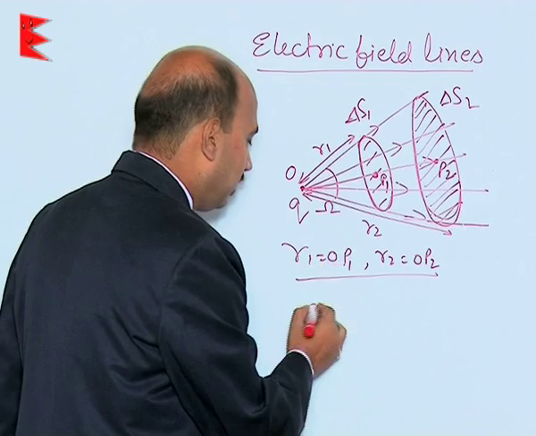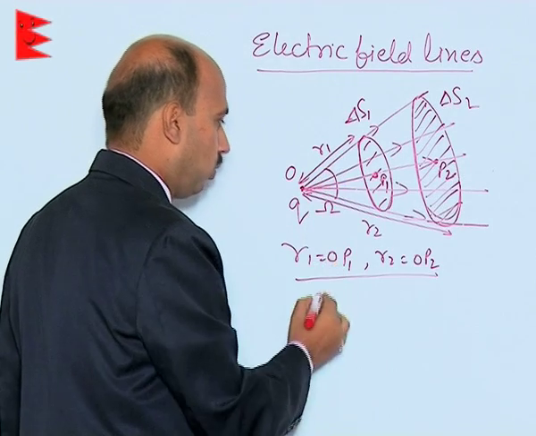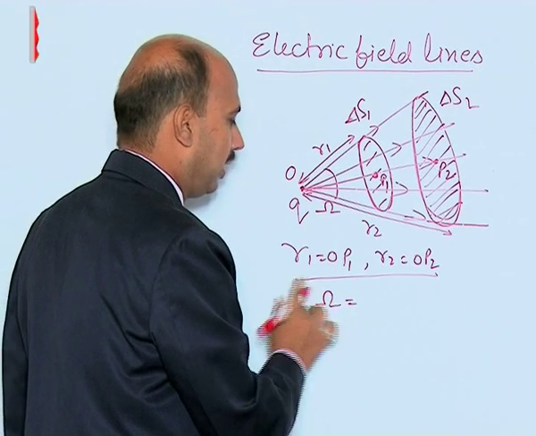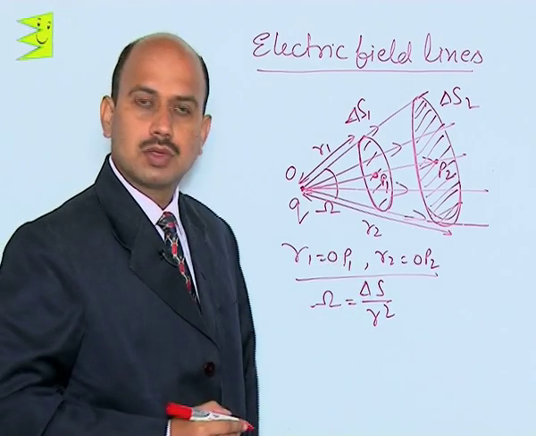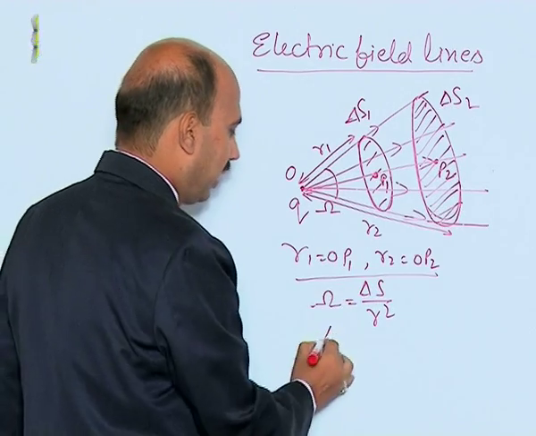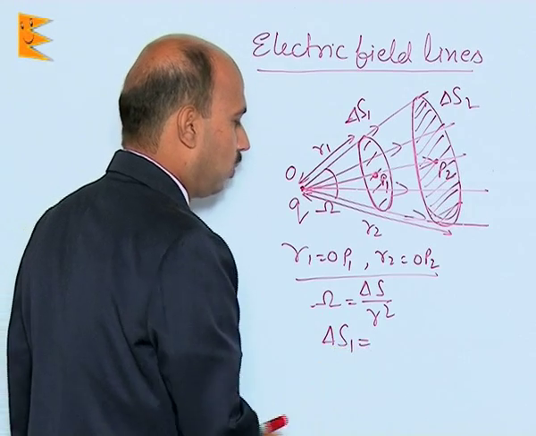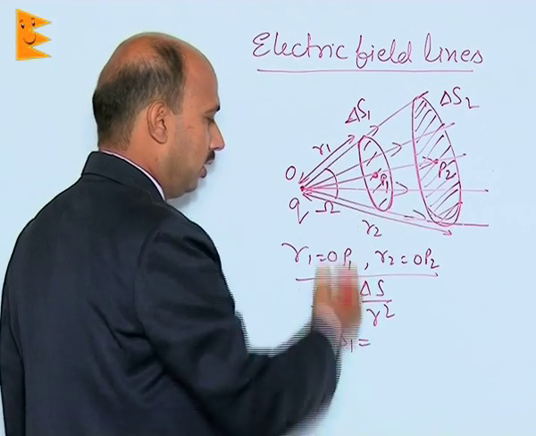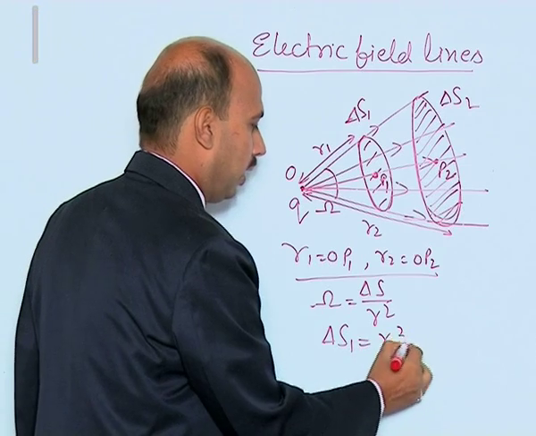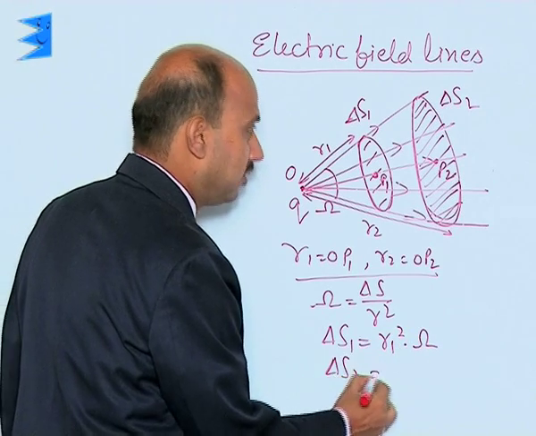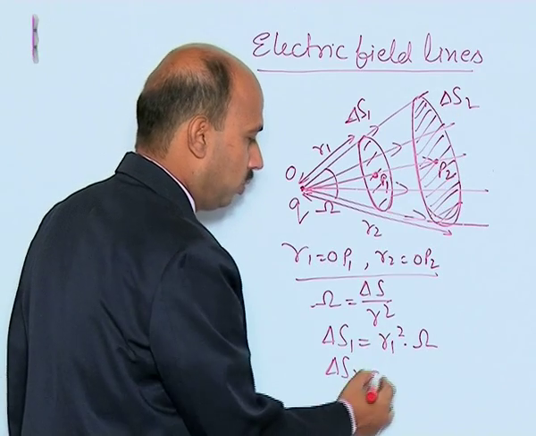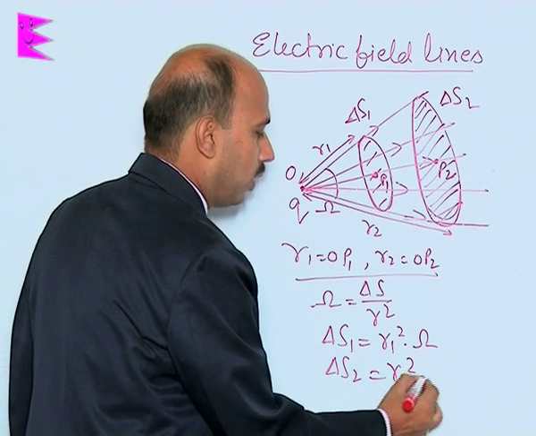So we can write the solid angle omega is equal to delta S upon R square. From here we can write delta S1 is equal to R1 square into solid angle, and similarly delta S2 is equal to R2 square into omega.